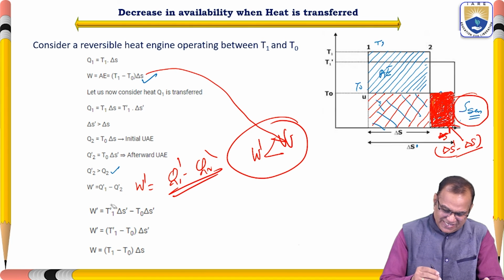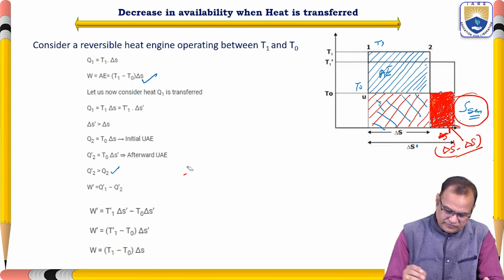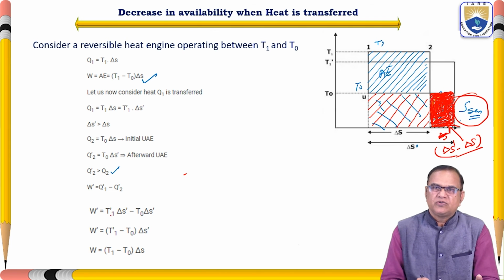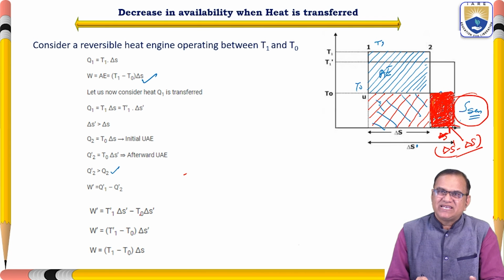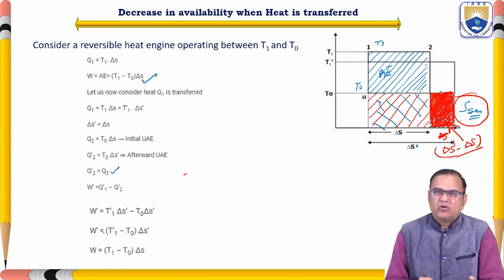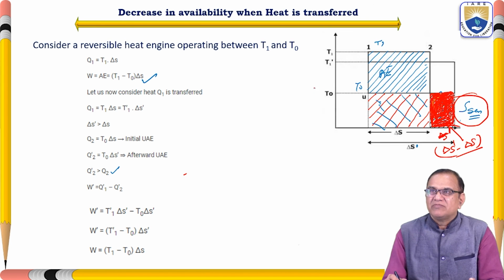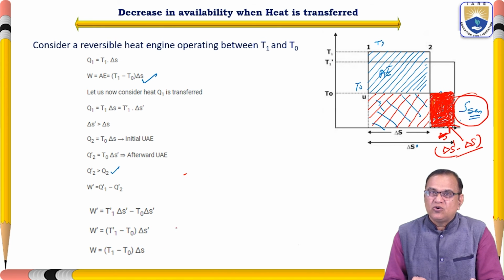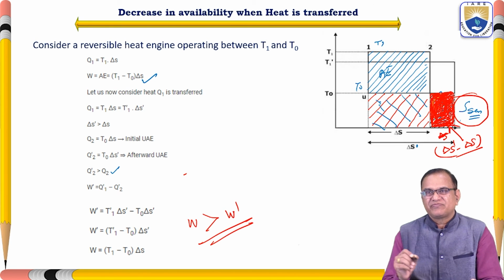So here we can see that W prime is equal to T1 prime minus T naught into delta S prime, while W is equal to T1 minus T naught into delta S. This T1 prime is less than this T1. So here W is greater than W prime.